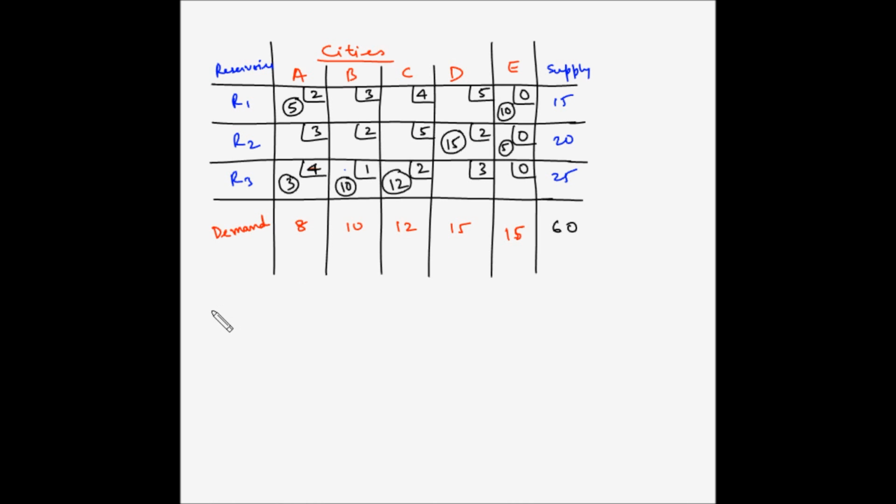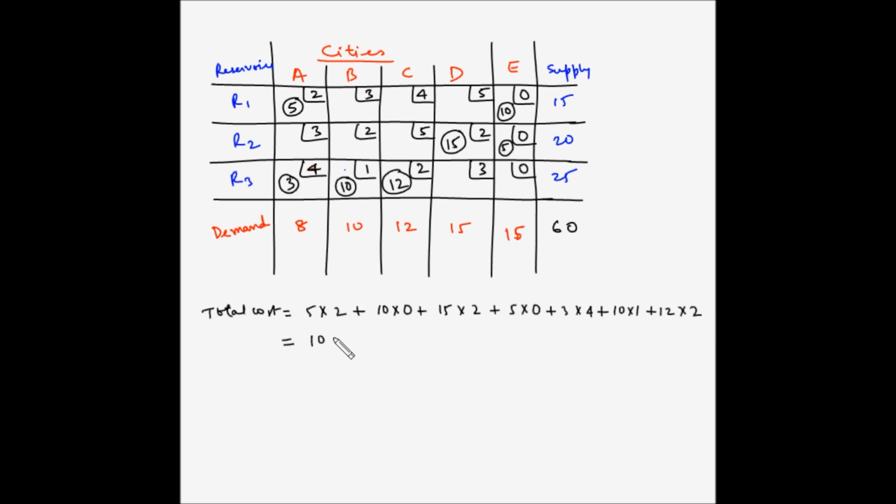Let's find out the total cost. So 5 multiplied by 2 plus 10 multiplied by 0 plus 15 multiplied by 2 plus 5 multiplied by 0 plus 3 multiplied by 4 plus 10 multiplied by 1 plus 12 multiplied by 2.